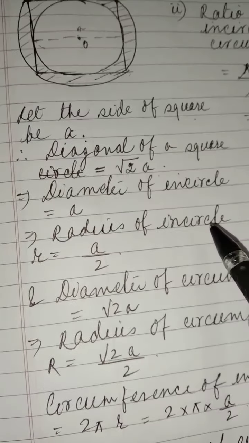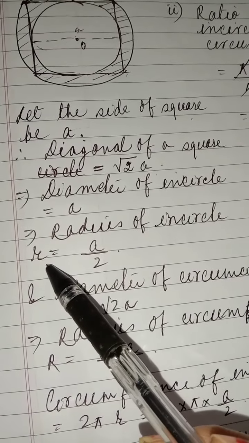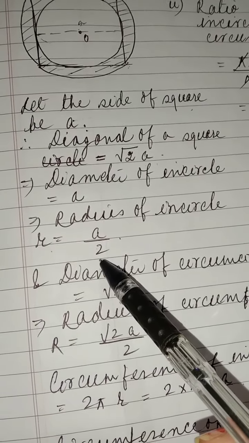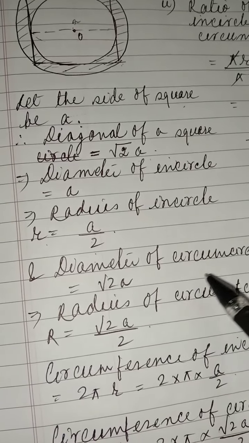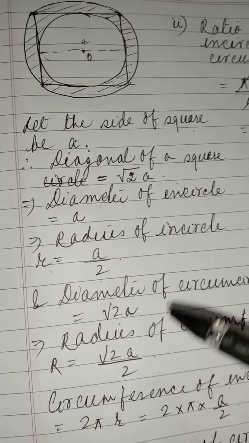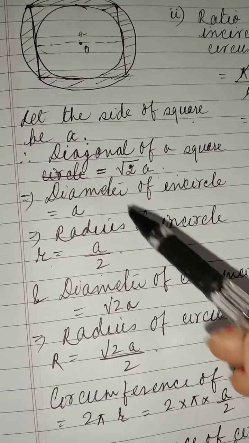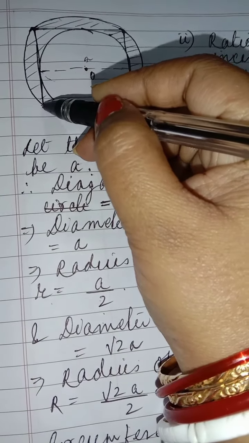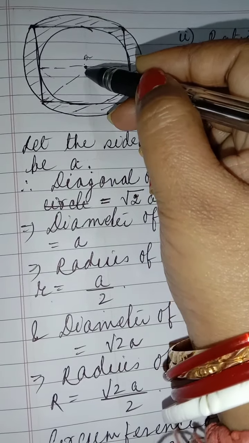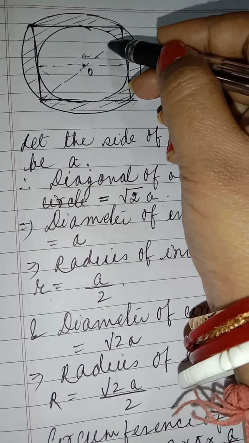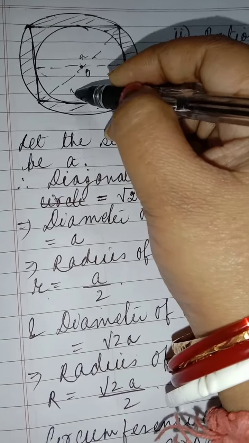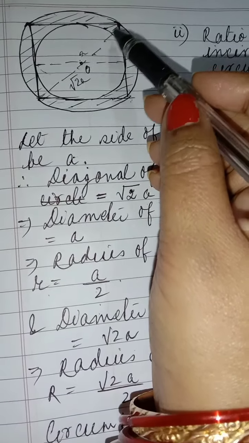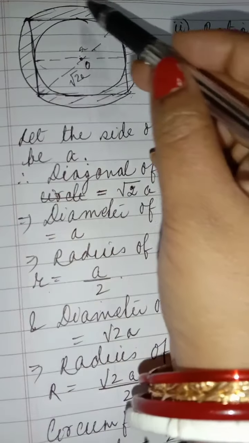So here the diameter of the incircle is a. This implies the radius of the incircle, we take it as small r, will be just half of it, so a by 2. Now the diameter of the circumcircle will be equal to root 2 a, since the diagonal of the square is root 2 a, and this is the diameter of the circumcircle.